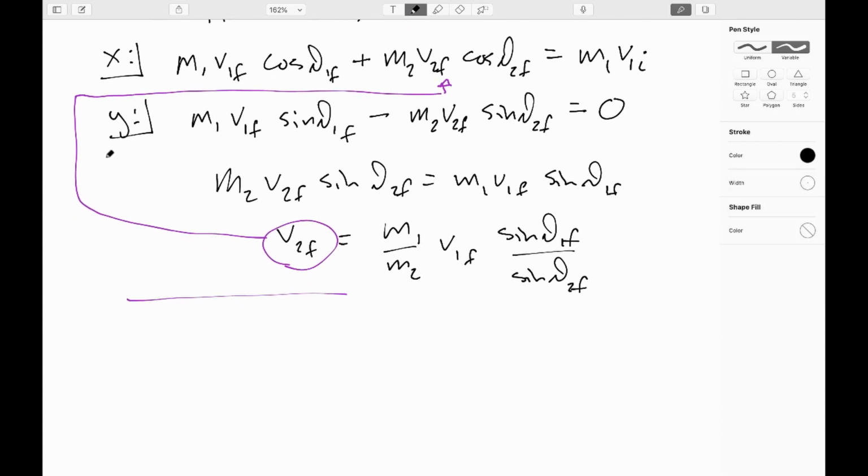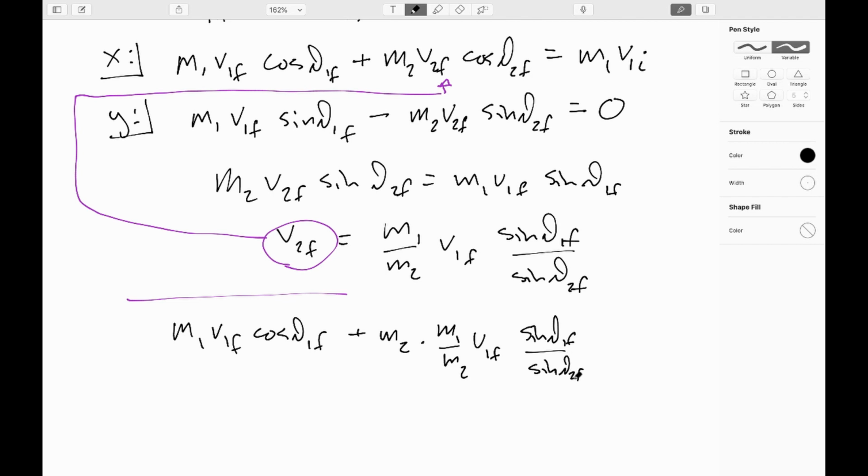So the first term gets to just sit all by itself. That will be M1 V1 final cosine theta 1 final plus M2. Now you get to put in what V2 final is. So that'll be times M1 over M2 V1 final sine theta 1 final over sine theta 2 final.